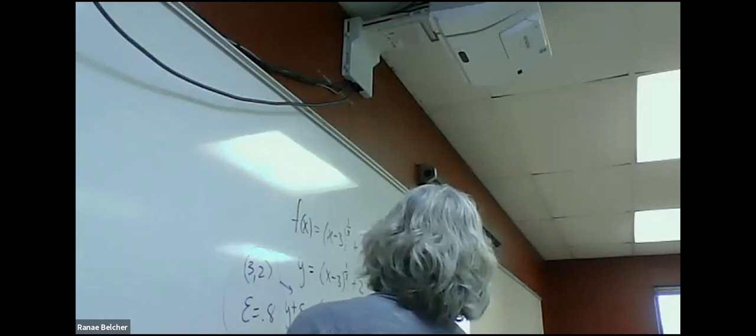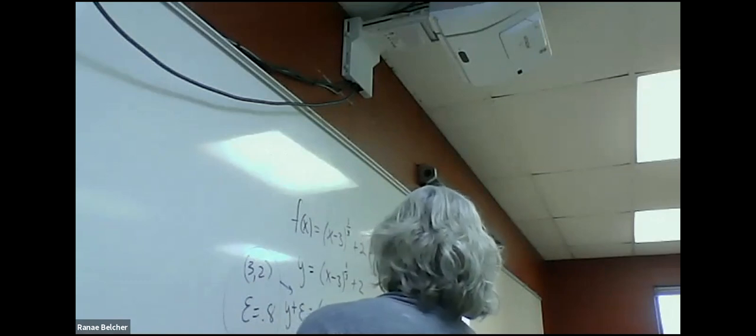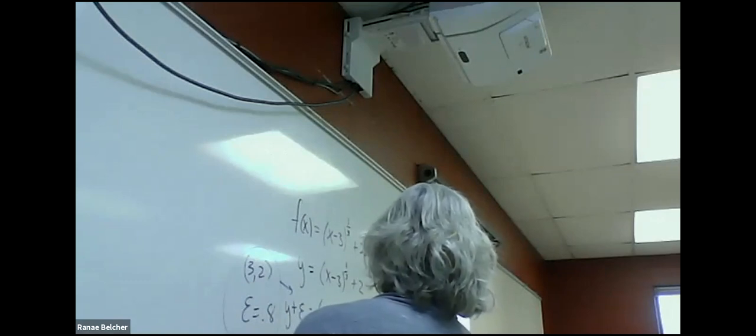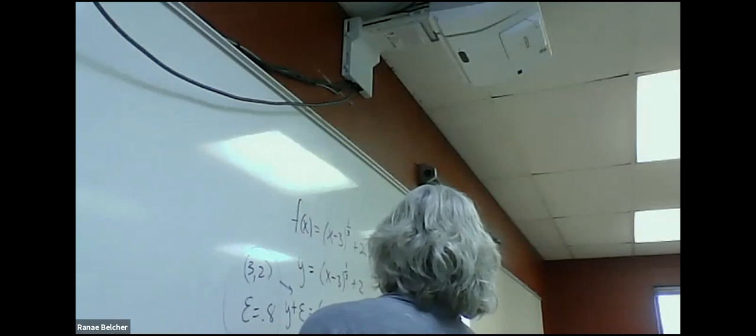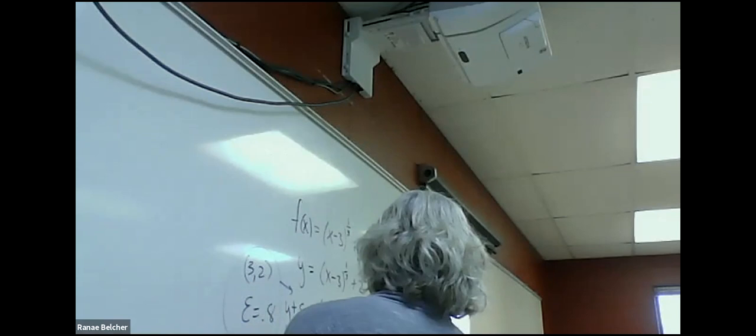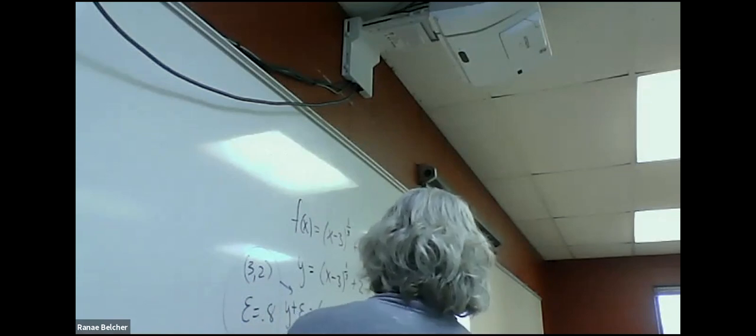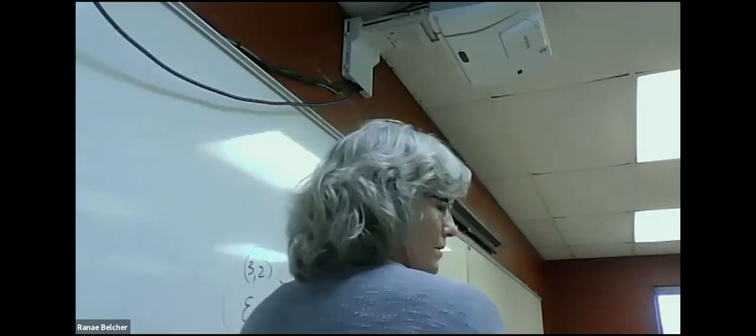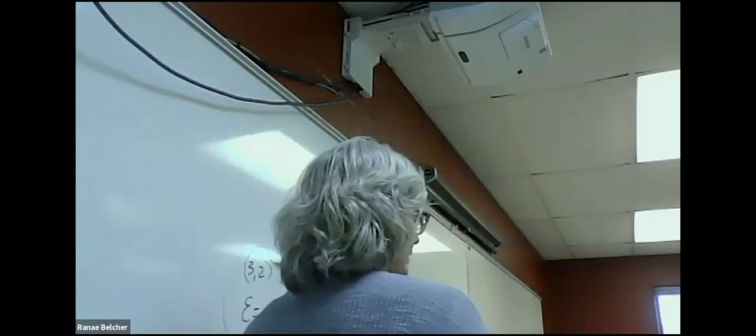Okay, and then this can be simplified, 3 minus 3. So this is 2.8 equals delta to the 1/3 plus 2. Then I'll subtract 2, and I'll have 0.8 equals delta to the 1/3, and then take the cubed root. The cubed root of 8 is 2. Is the cubed root of 0.8 0.2?